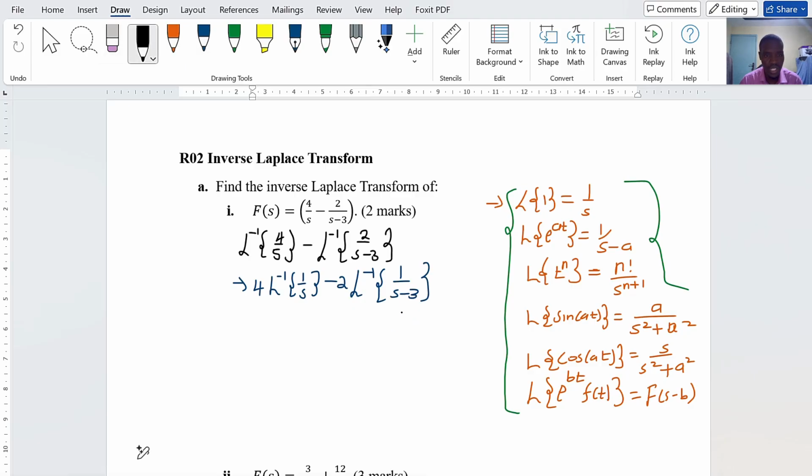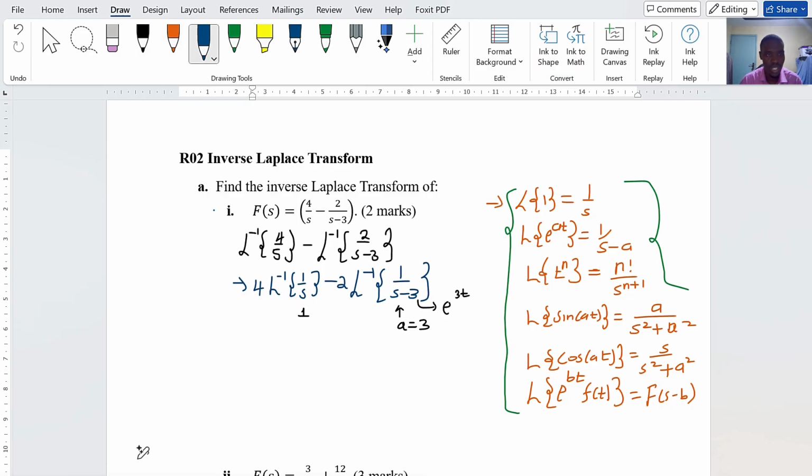So if you look at this, you can see our a is 3 and this is 1, because the Laplace transform of 1 is 1 over s, while for 1 over s minus a, the a is 3, and the whole of this is e^(3t), because the Laplace transform of e^(at) is 1 over s minus a, and our a is 3, so we just replace a by 3.